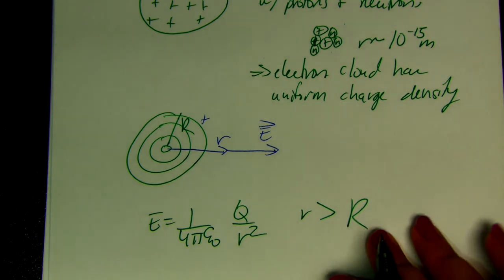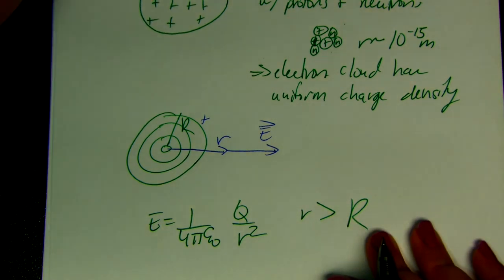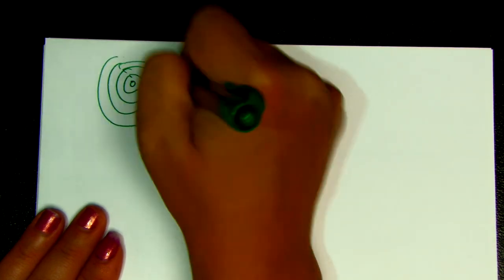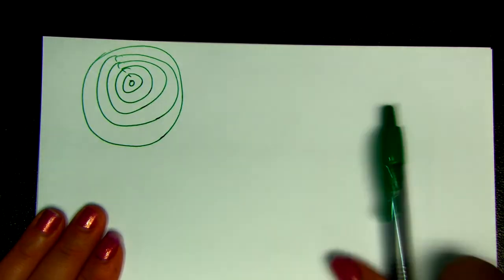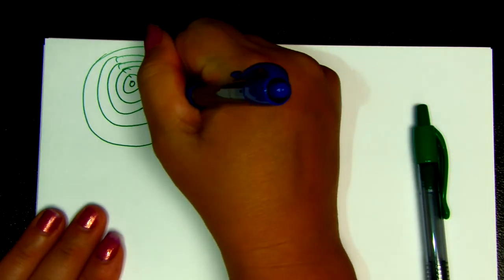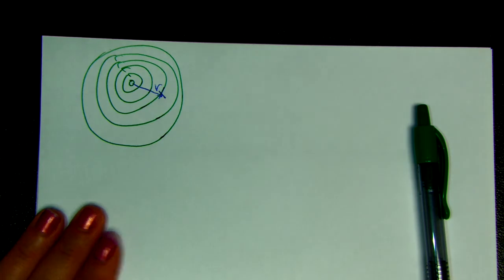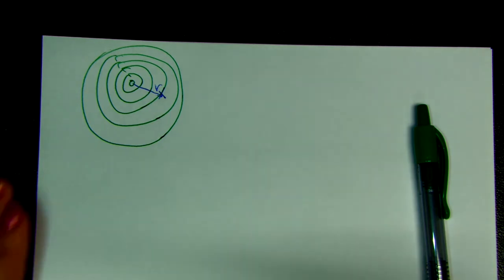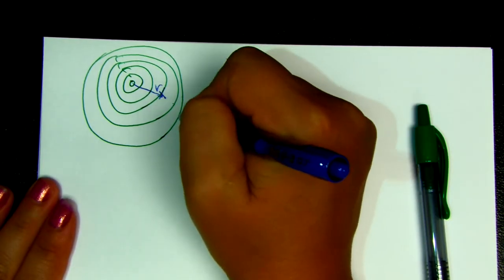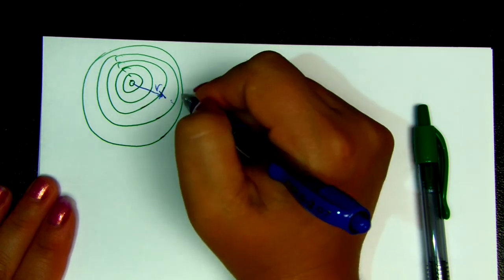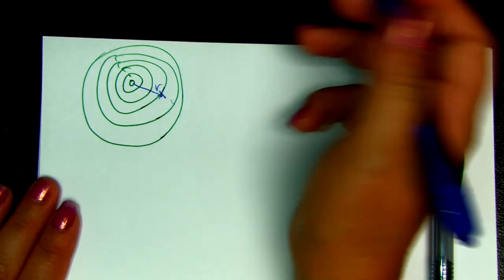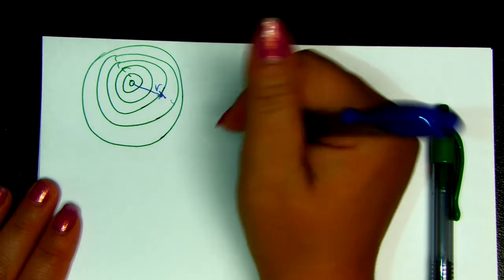Now, if we go inside, it gets a little bit more interesting. So go ahead and start a new sheet. Inside, we would have a series of shells. So let's say we're observing with r right here. Okay, so if we think about this conceptually, these shells outside of it will contribute nothing because they are outside. We've already determined that that's going to be a net zero contribution.